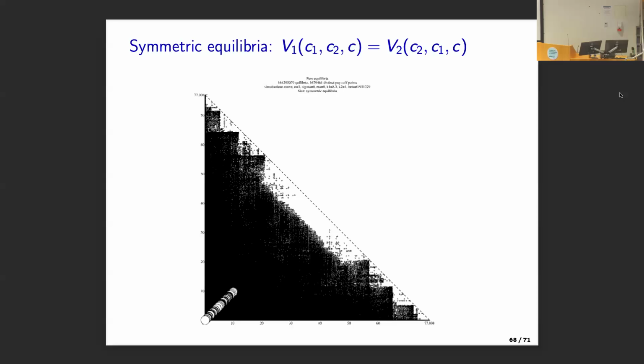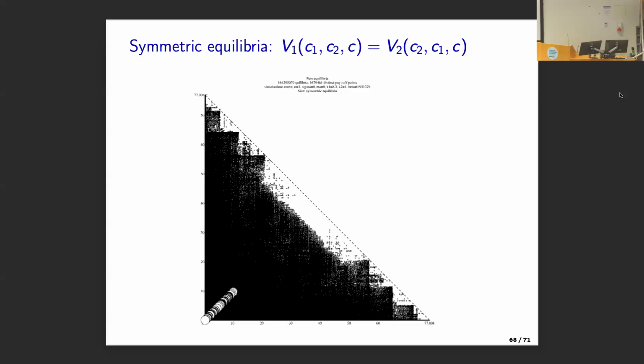Now, let's talk about symmetry. This is the assumption which simplifies the solution of many dynamic games, right? And it's quite useful in a lot of settings. So if I said that my competitors would be completely symmetric, the value function of firm 1 would be exactly like the value function of firm 2 when I switch their costs.